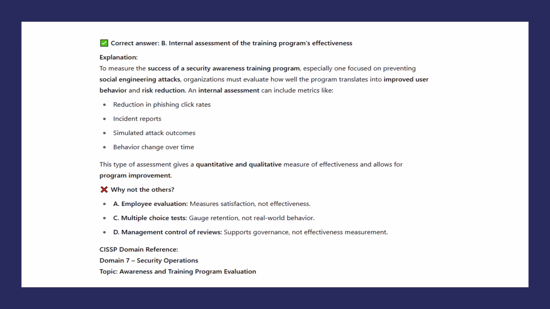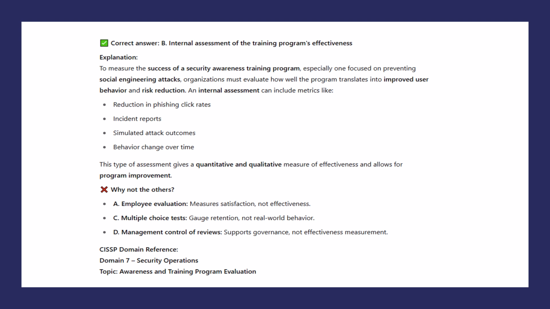Internal assessment of the training program's effectiveness. To measure the success of a security awareness training program, especially one focused on preventing social engineering attacks, an organization must evaluate how well the program translates into improved user behavior and risk reduction.